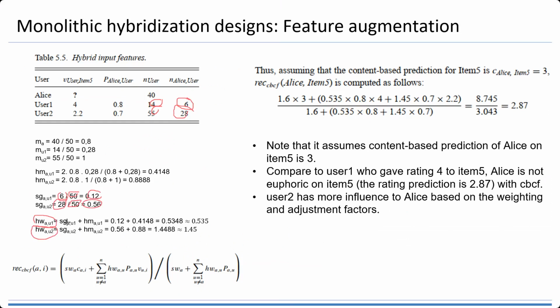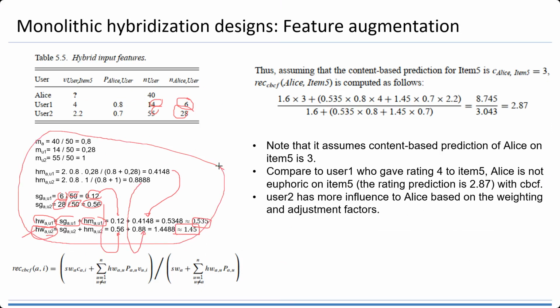The HW is the SG plus HM. SG is from this one, and HM is from this one. Then we can get the value, around this one. And for the HW A user 2, we get the value here for 0.56, and then the value here for 0.88. Then we get 1.45. Okay, so we got all those values.